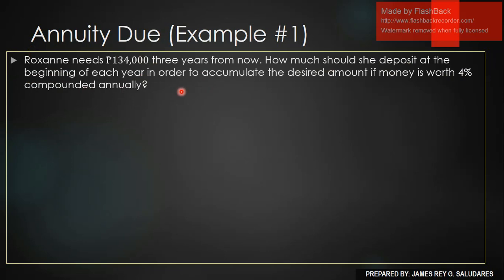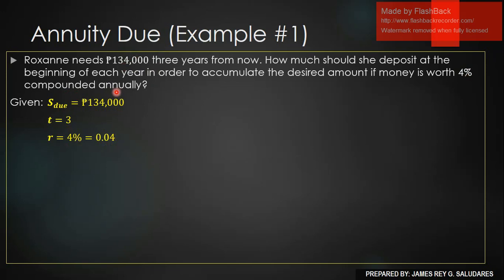Okay, so let's write all the given. This is the future value. Since this is annuity due, write the subscript due. The future value is 134,000, 3 years from now, so the time is 3 years. Next is the rate, which is 4% or 0.04.